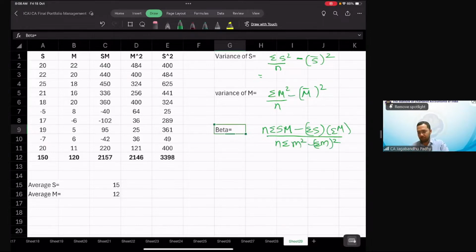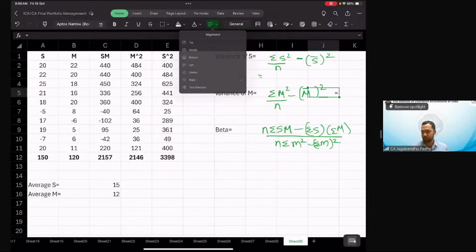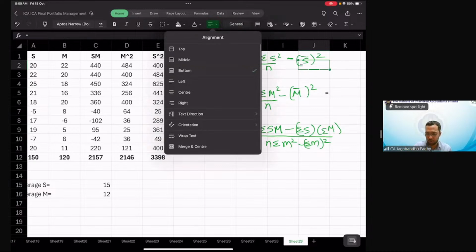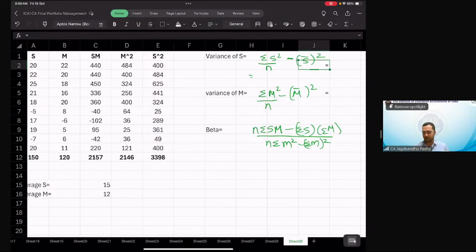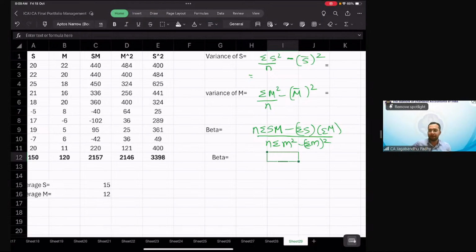Okay, give me these numbers, guys, which is the security variance, the market variance, and of course the value of beta. I'll wait for some time.